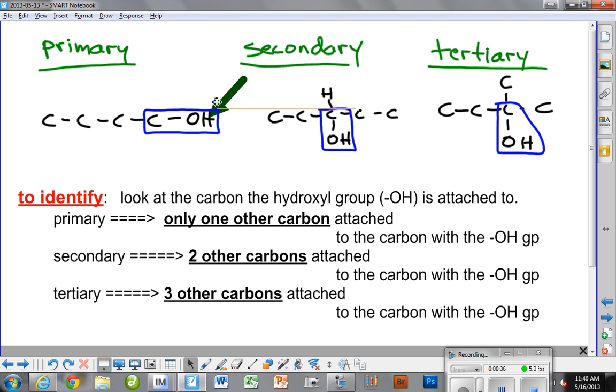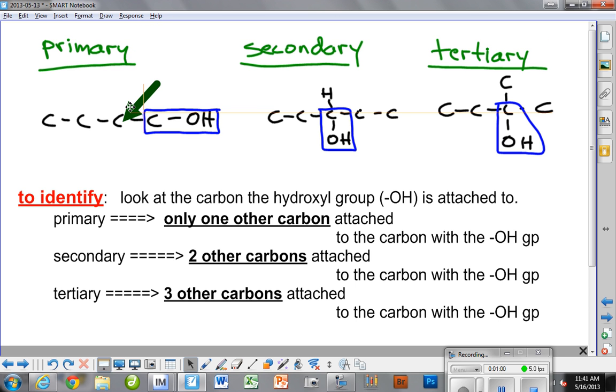Primary because the hydroxyl group is hooked to the number one carbon, but that carbon is touched by only one other carbon, which makes it primary.